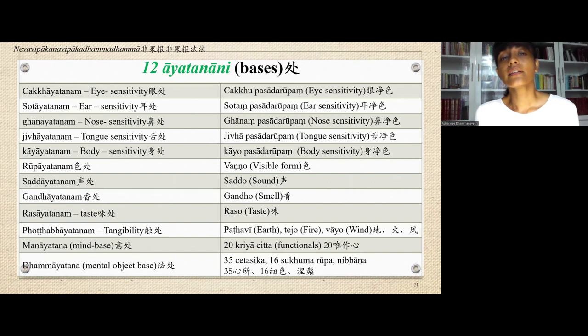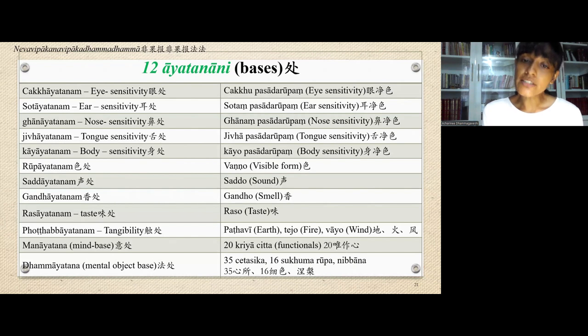Now, the āyatana. We get all 12 āyatana because we have Rupa here. So under the first 10 āyatana, we get 12 Rupa. If you look at the first 5, Chakku, Sota, Gana, Jibha, Kaya, they are the sensitivities of eye, ear, nose, tongue, body.